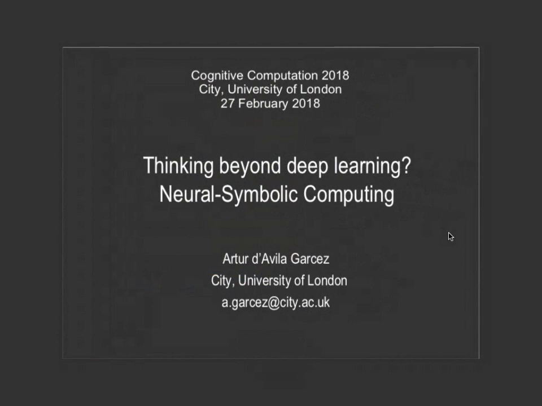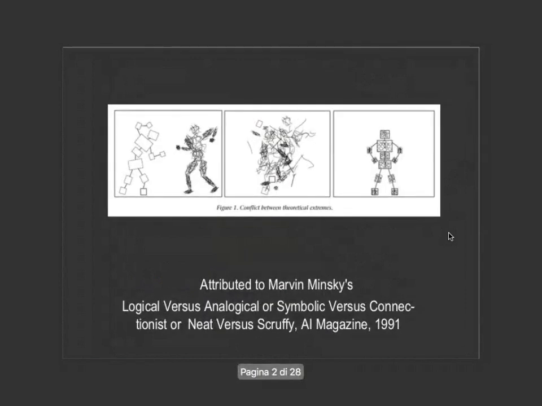We've been talking about how to think about beyond deep learning, given some limitations of such systems, despite their great success. And we proposed the general framework of neural-symbolic computing to achieve that. I just need to show this picture, which I love, and it's attributed to Marvin Minsky.